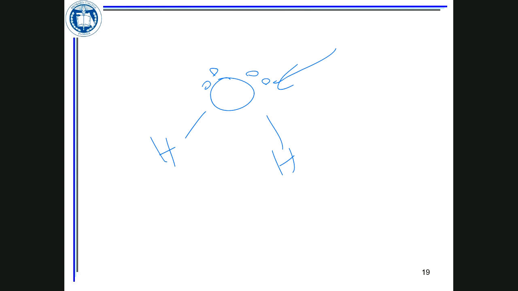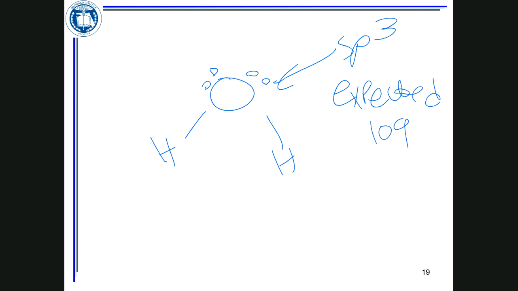Everyone agrees with that? sp3. What is the expected bond angle? Expected 109, about 109 or exactly 109.5, that's perfect. Now, what is the actual bond angle? 105. How would you justify this?